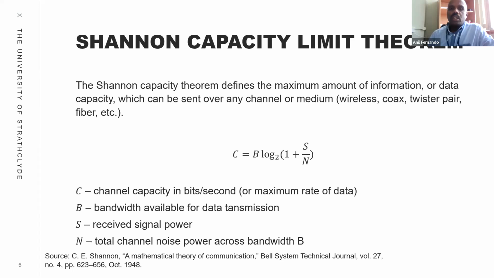To maximize the capacity of the channel, we have to increase either the bandwidth or the signal-to-noise ratio. Increasing the bandwidth consumes system resources, so there is a limitation. On the other hand, if we increase S/N, the channel capacity can also be increased, but that means increasing the transmitted power, which is again a constraint. That's why the capacity is limited by the bandwidth and the signal power.